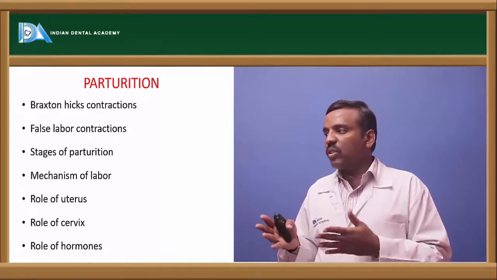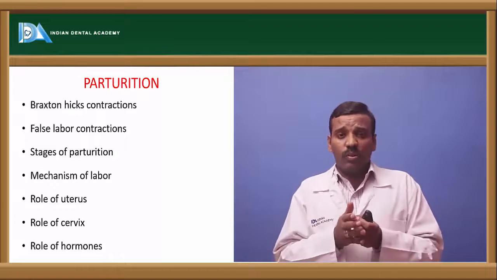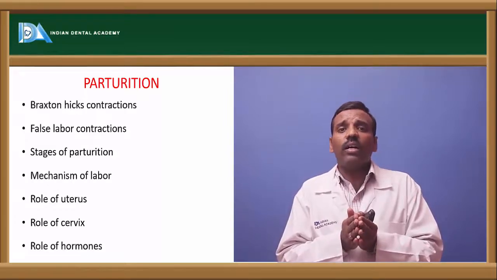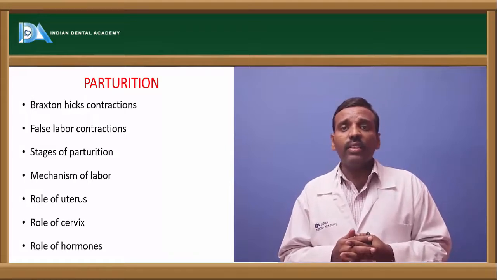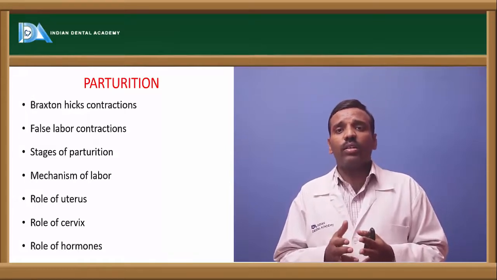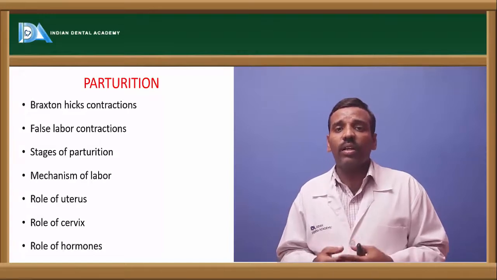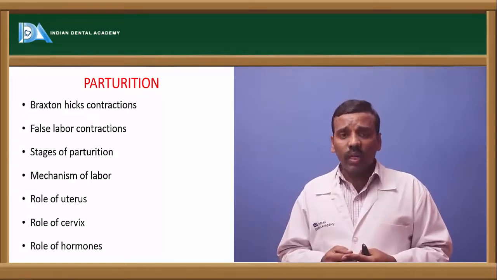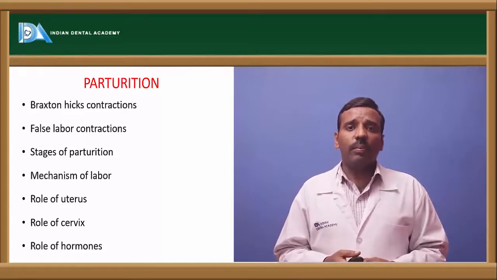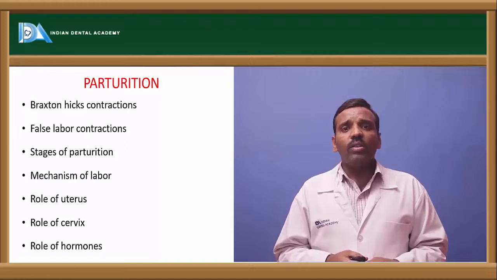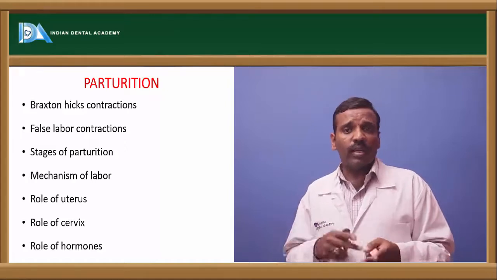Okay, the role of the cervix: it is dilated. The cervix gets dilated for the convenience of the parturition process, the delivery of the baby. Next is the role of hormones. Here the estrogen is completely suppressed, so there is no menstrual cycle again.